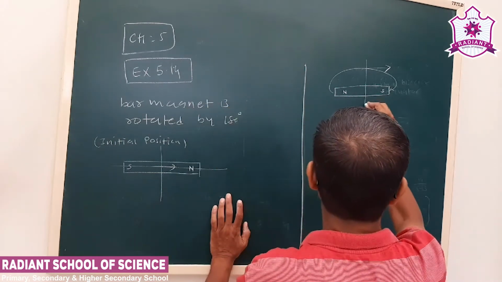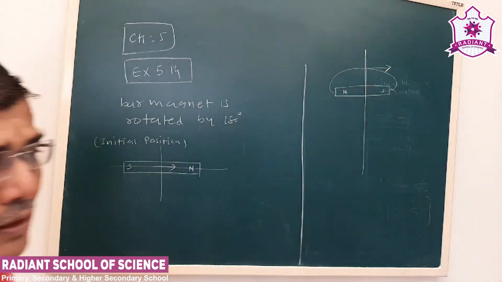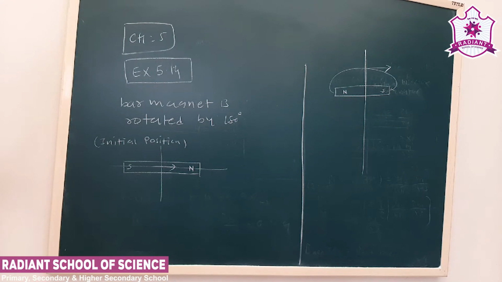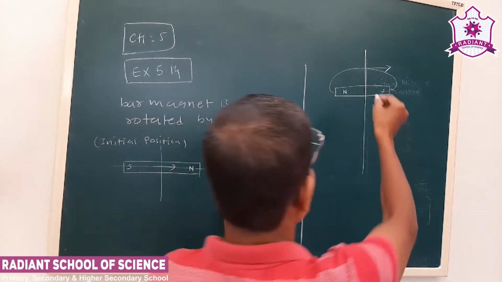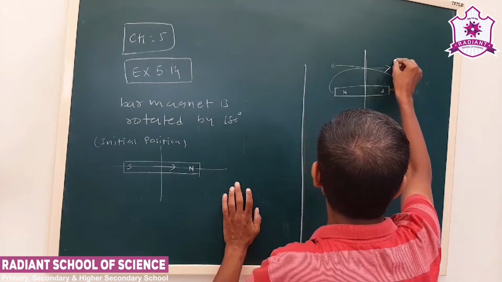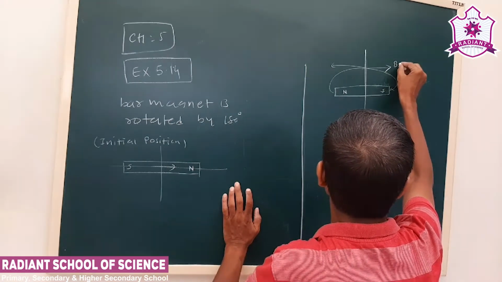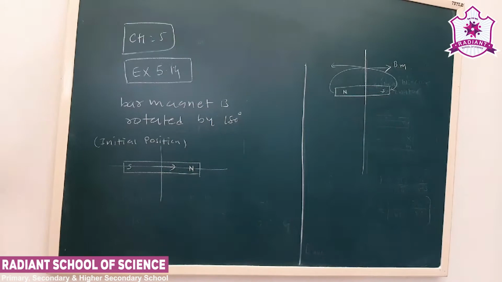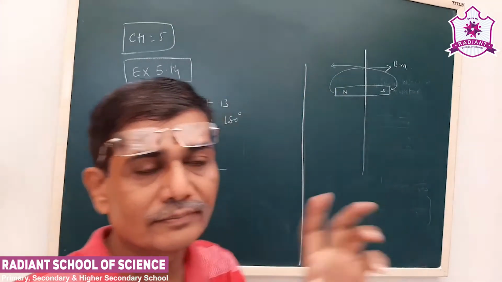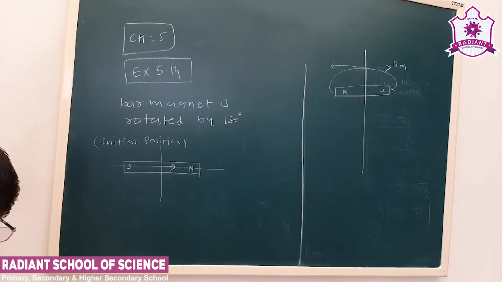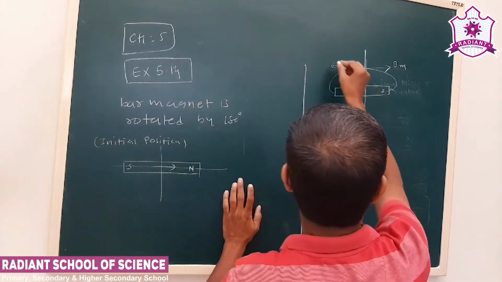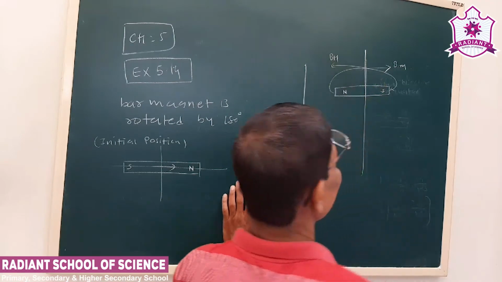The Earth's magnetic field and the bar magnet's field have to cancel out each other, but we have to find out at what distance. So the null point will be somewhere here. The bar magnet's field is Bn, because the tangent drawn at any point is in the direction of the magnetic field, and the horizontal component of the Earth's magnetic field is BH.